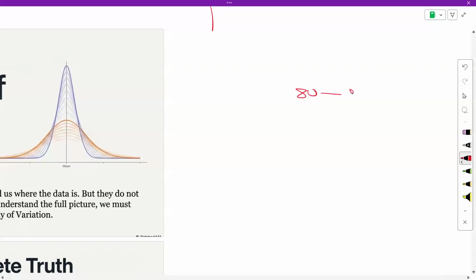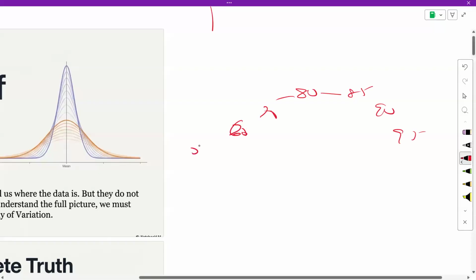Say you may get 85, 90, 95, right? Or sometimes you may get 70, 75, or 60, or 55, right? So these are what? These are variations. So this is the expected value, and these are variations.